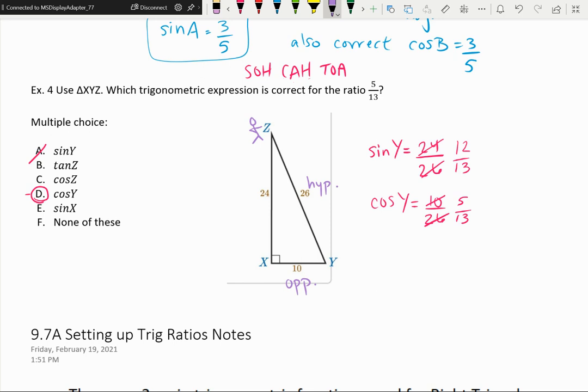That was silly, but there it is. And the adjacent is 24. So the tangent of Z, tangent is OA, so opposite over adjacent. 2 goes into 10 5 times. 2 goes into 24 12 times. That's 5/12, not 5/13.